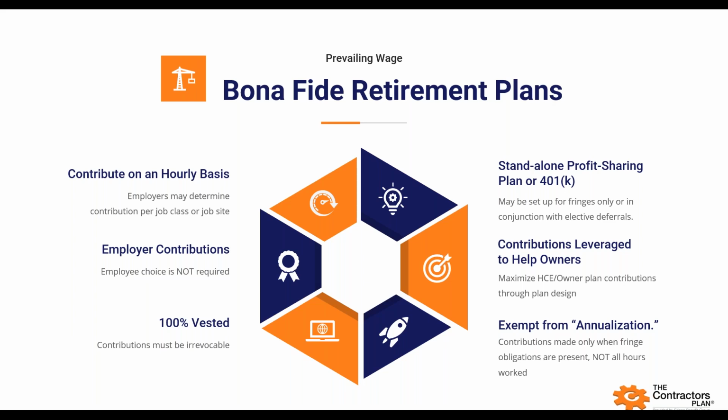It's important to remember that these are employer contributions. These are not elective deferrals. Employee choice is not required. What I see out there a lot is that employers are taking credit for their match of their elective deferrals. So they've got a 5% match. Let's be generous and use an even number. Let's say the employee makes $100,000 a year.